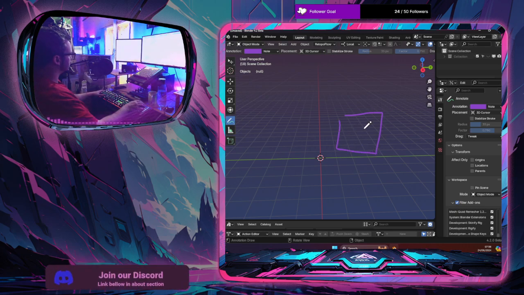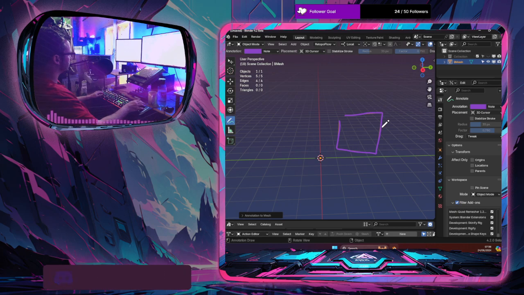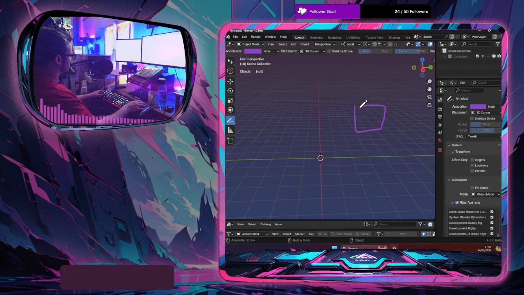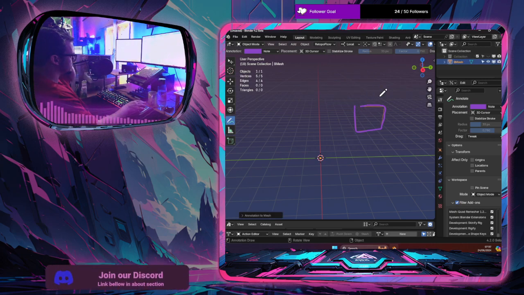I don't know, this is a sharp angle change. It might not give me a square. Oh, it still gave me a square. Okay. Triangle. This gave me a triangle?